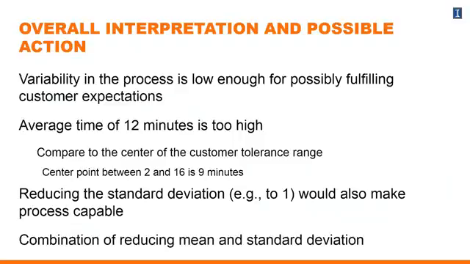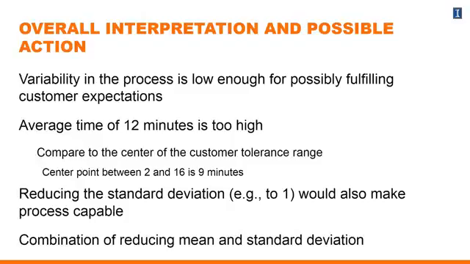So overall interpretation, the variability seems to be okay. It's low enough for the restaurant to fulfill customer expectations, but the average is too high. What can this restaurant do? It can do two things. It can reduce the average, get it to 9.